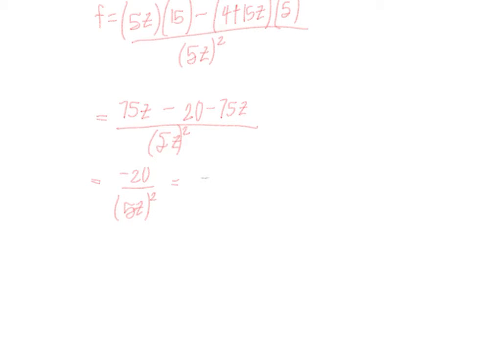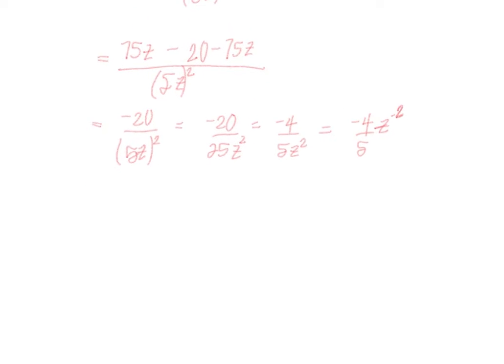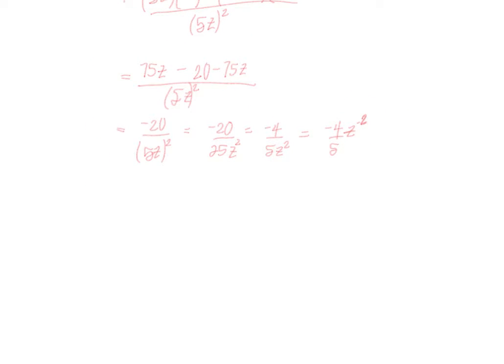I will write that as negative 20 over 25z squared, which is negative 4 over 5z squared. It may be even better to think of this as negative 4 over 5 and put the z up top, or out to the side, and think of it as z to the negative 2. Okay, so let's work with that.